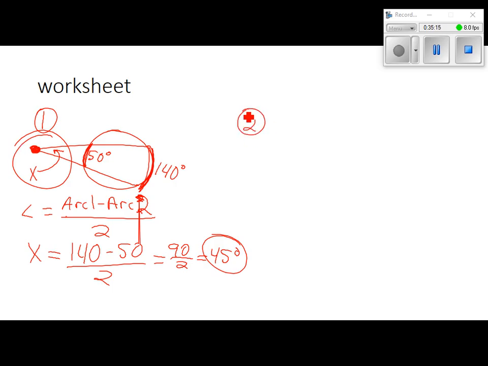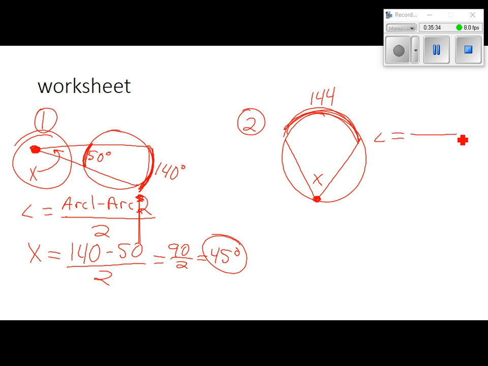Number 2, again, look at it, decide where the vertex is. This time the vertex is on the circle. They tell us that this arc is 144 degrees. The angle for this formula is just the arc divided by 2 if the vertex is on the circle.